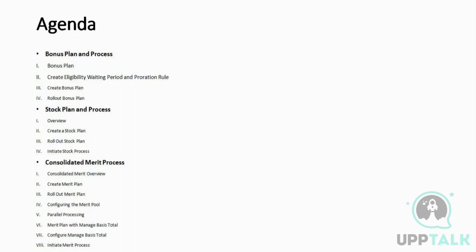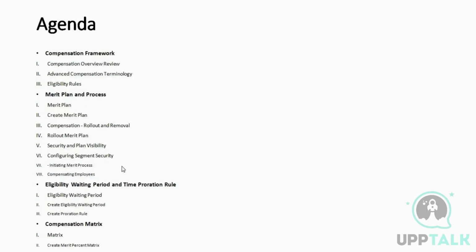This depends upon the organization, as not every organization will be having stocks and all. So these are all the concepts specifically on advanced compensation. But if you want to include basic compensation also, I'll be including that. Probably one session, or one or two sessions, may get extended if we add that.